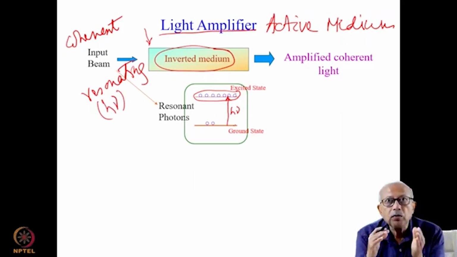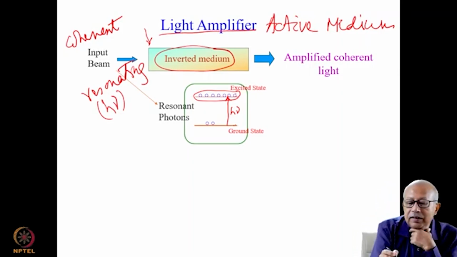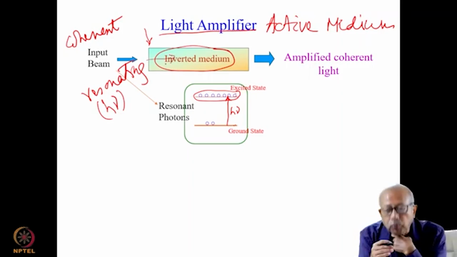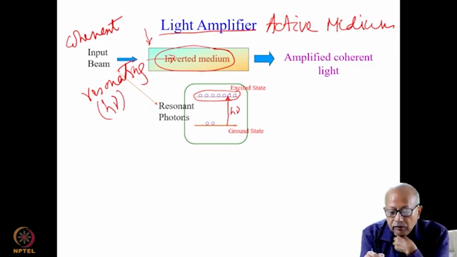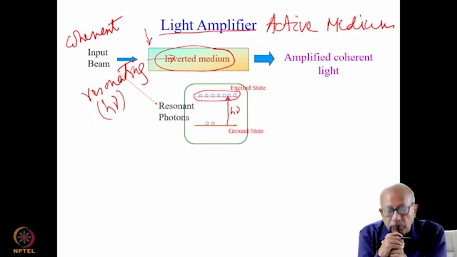Therefore, as these resonating photons travel through the population inverted medium, they will interact more often with the excited atoms than with the atoms in the ground state, simply because the number of excited atoms is more, as it is a population inverted medium.